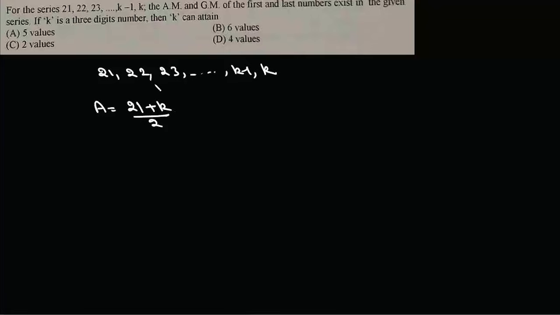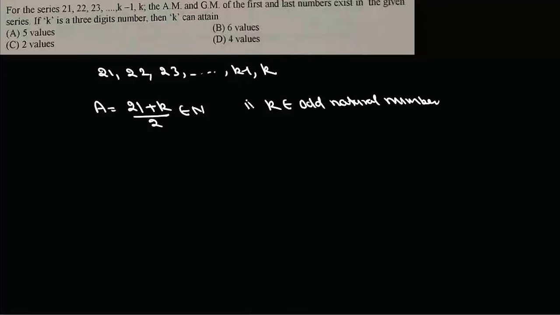And since this series is a series of natural numbers, this mean must be a natural number, and it will be a natural number if k is an odd natural number. So its arithmetic mean will exist in this series if k is odd.